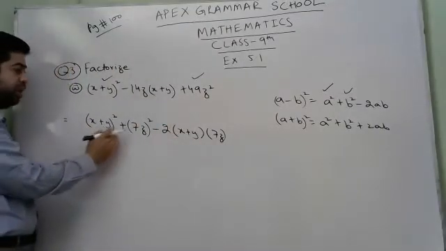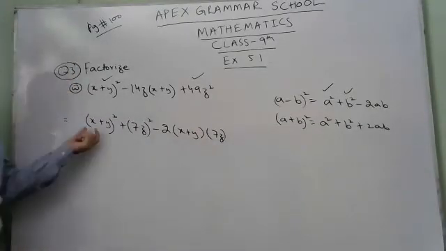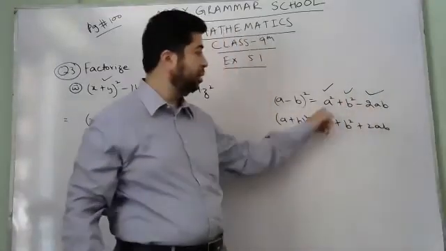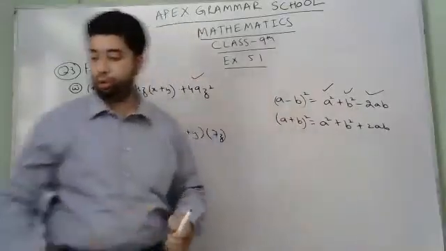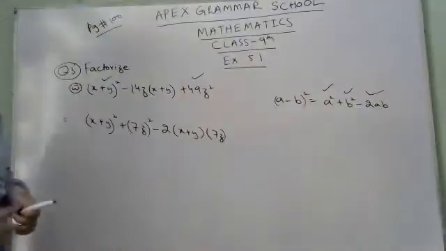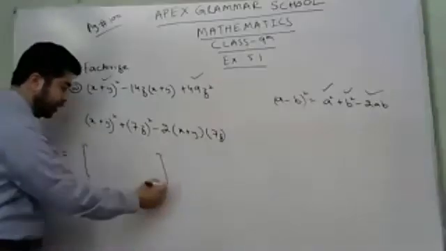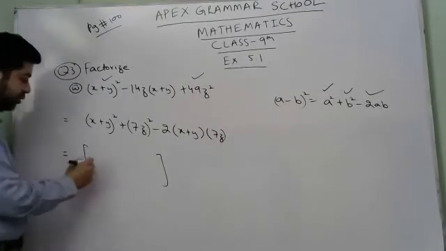This is a square plus b square minus 2ab. Now this is like the formula a square plus b square minus 2ab, which is equal to (a minus b) whole square. So we will write this in the form of (a minus b) whole square. That is to say, the value of a here is x plus y.